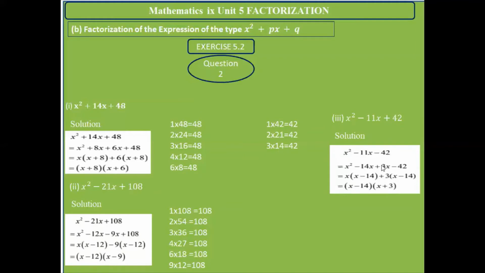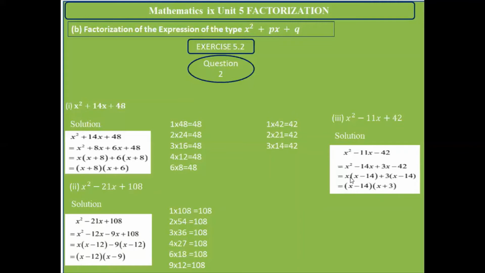So it means I need minus 11x. It means the greater value takes the negative sign and the smaller value will take the positive sign. So I take minus 14x and plus 3x. So when we add up these two factors, we have minus 11. When we multiply these two factors, we have minus 42x square.